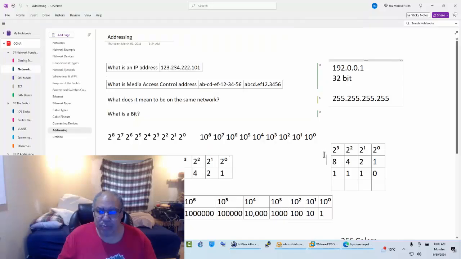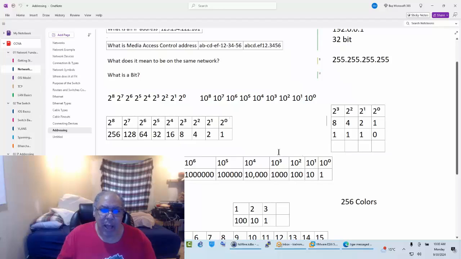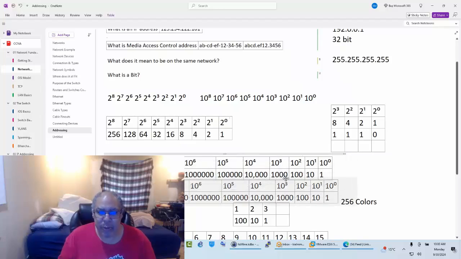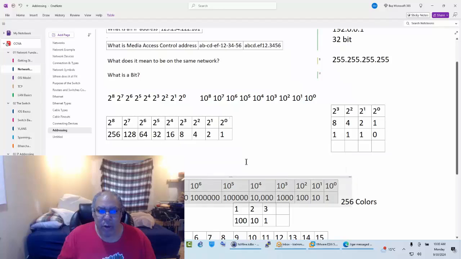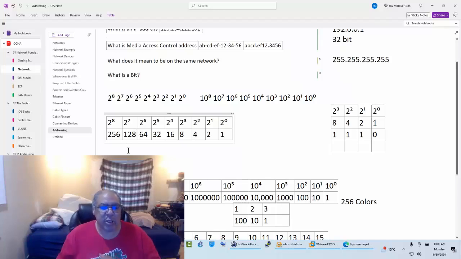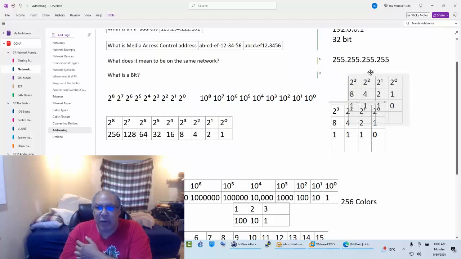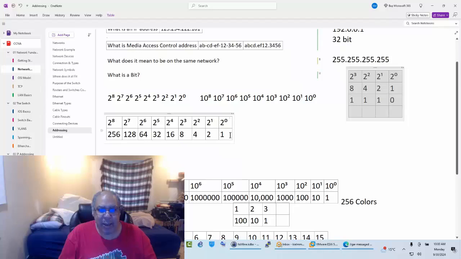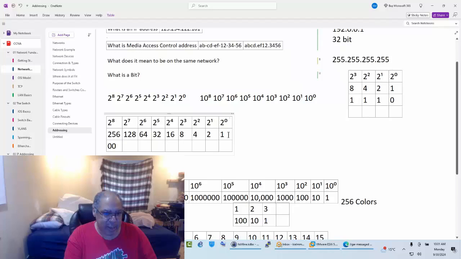But nonetheless, how do we come up with our numbers? Well, look at these numbers here. You're going to start making relations to these numbers, especially 32, 64, 128. You're going to start making relationships to those numbers, especially when you're subnetting. However, let's say that I randomly do this.